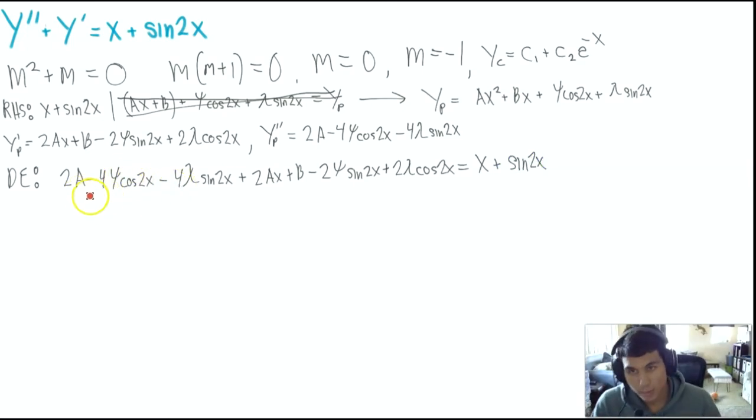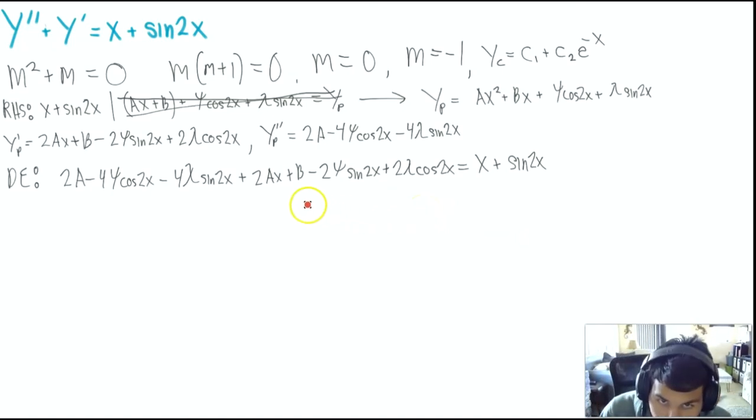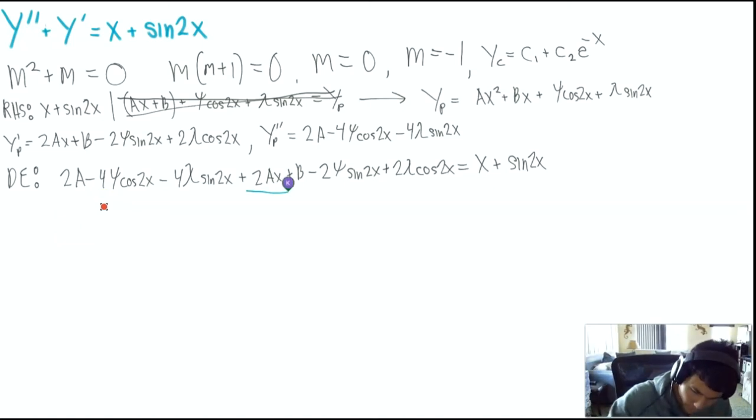Okay, and then let's group our like terms. So everything with just the x by itself, like this, I'm going to underline in blue. Look at that, there's only one term. Very nice.